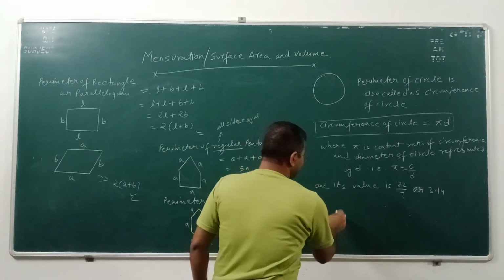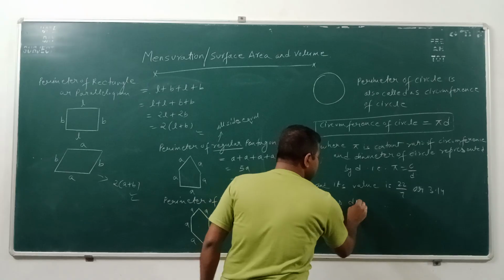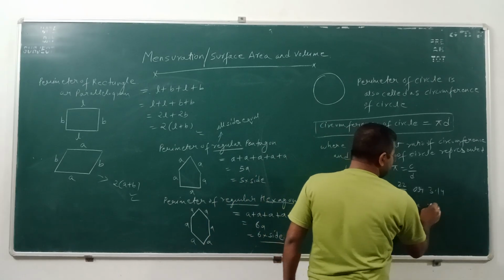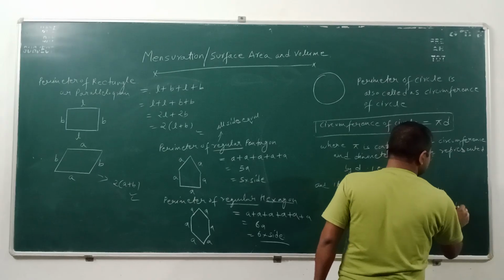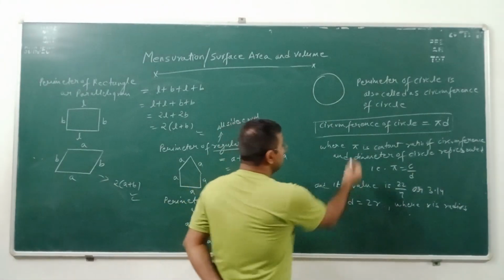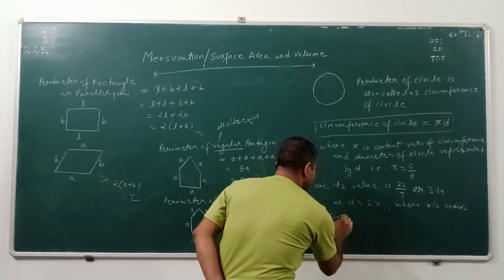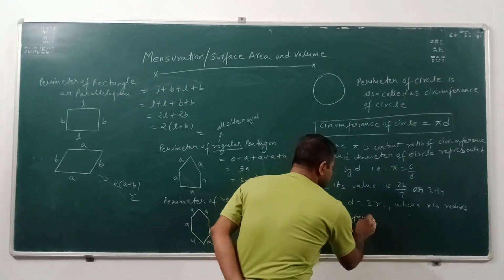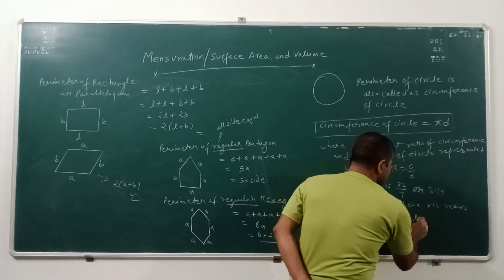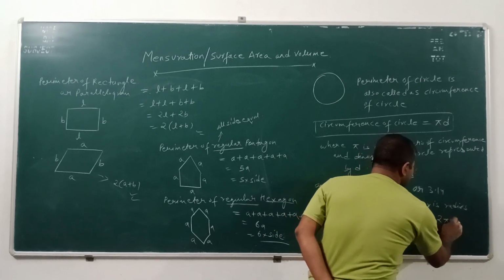Now, as you know that d is equal to 2r, where r is the radius, then the circumference of the circle will be 2 pi r.